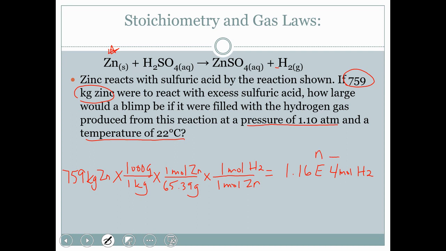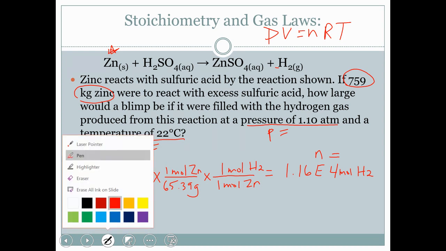So we know moles, we know pressure, we know temperature. That leaves us with just one variable in PV equals nRT. Remember, this is the ideal gas law.